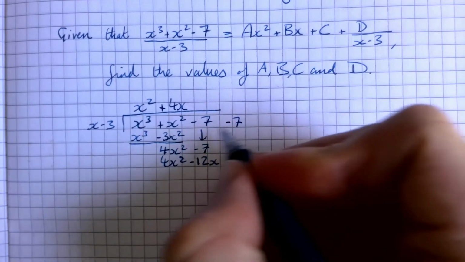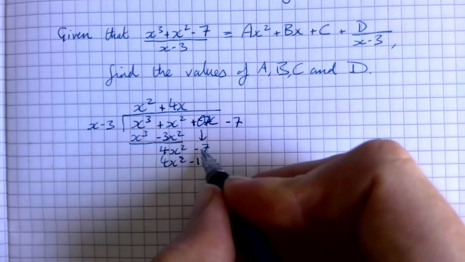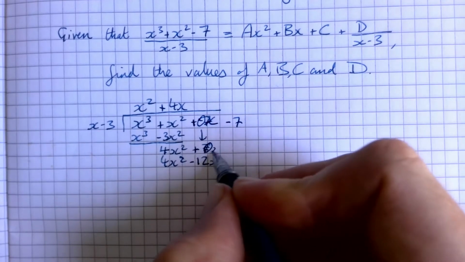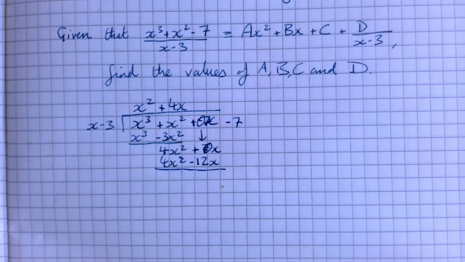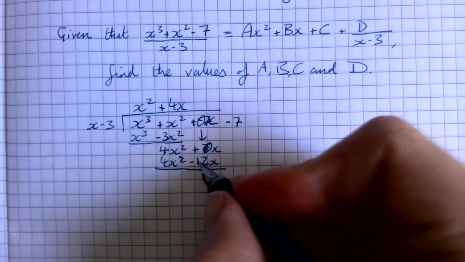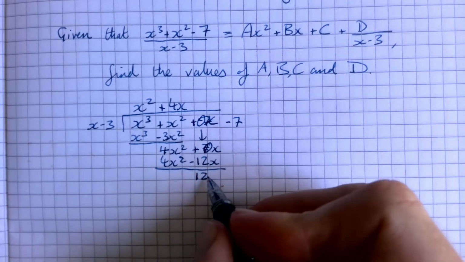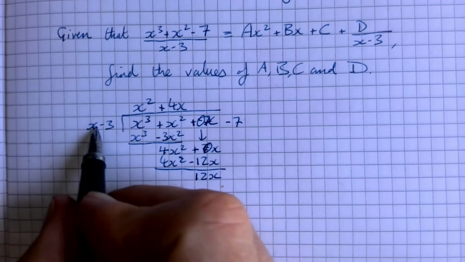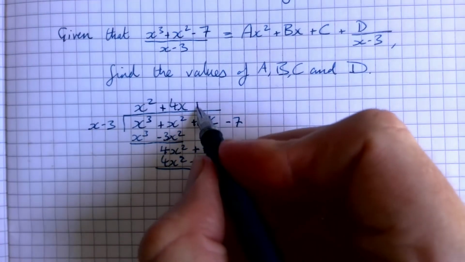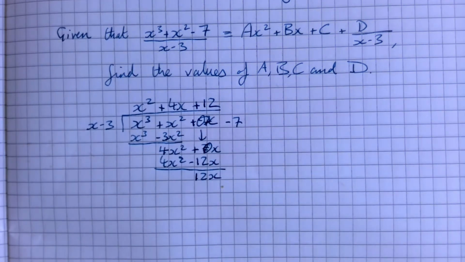That should be -7 there, and I should have plus 0x there, plus 0x, because then when I take my -12, I add the 12 on, so that gives me 12x there, and when I divide 12x by x I get plus 12 up top there.